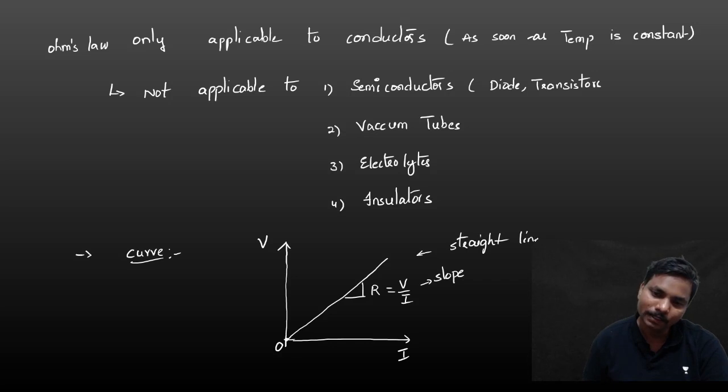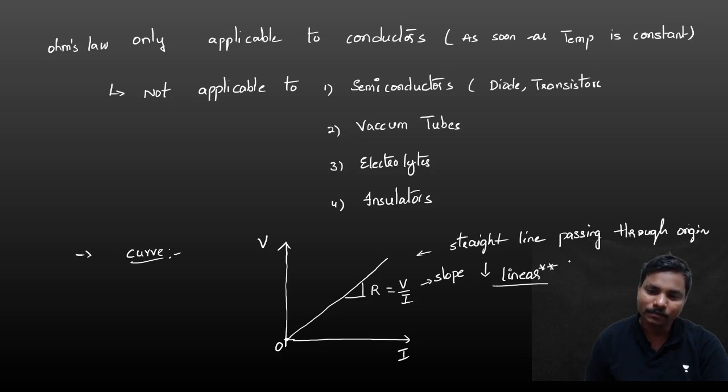A straight line passing through the origin. This type of curve is called linear. Very important.